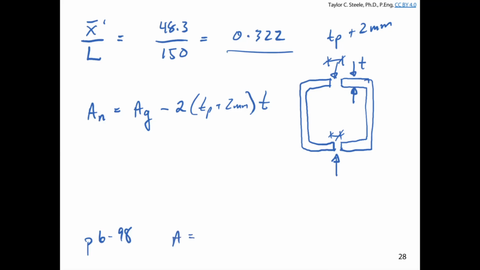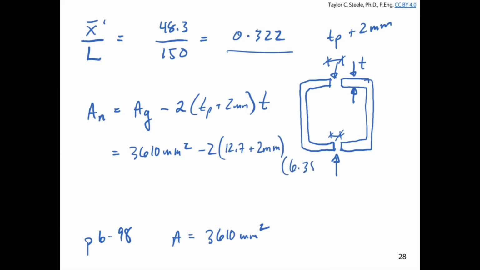So for us here, A is equal to 3,610 millimeters squared. And we already know T is 6.35. So if we do this calculation, we get 3610 millimeters squared minus 2 times (12.7 plus 2 millimeters) times 6.35 millimeters.